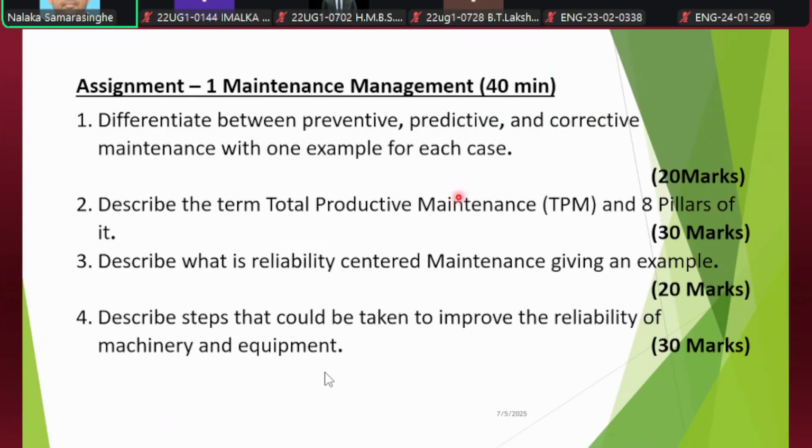The other groups, like 26A and B, have already done this one. So you can do it now and submit it to the LMS. Within the lecture hour, you have to do the submission.